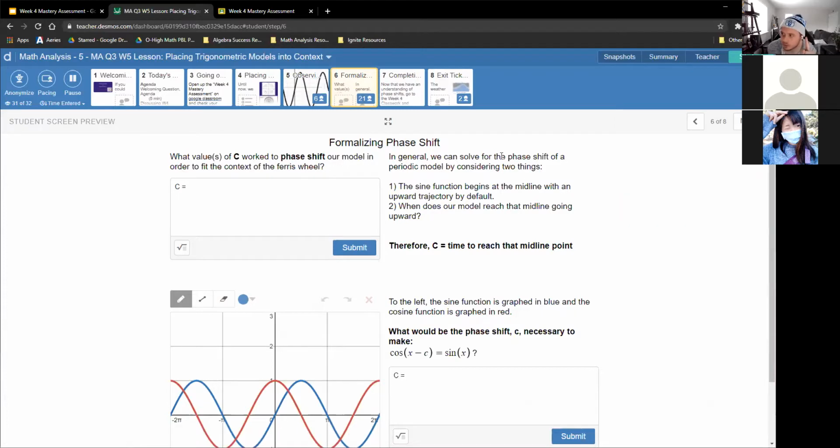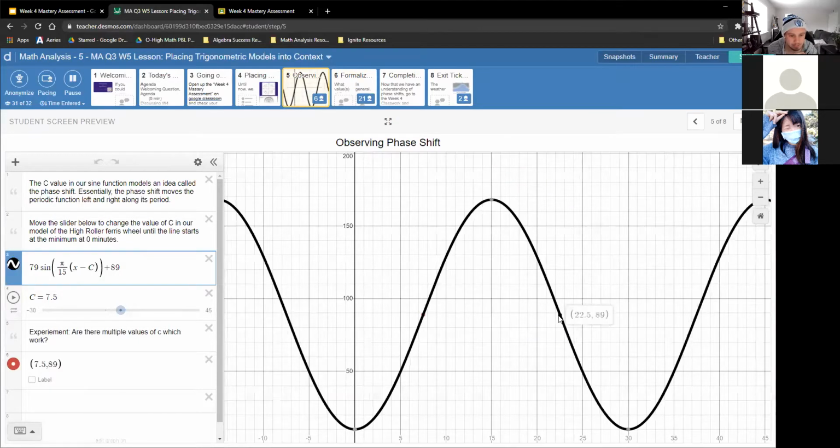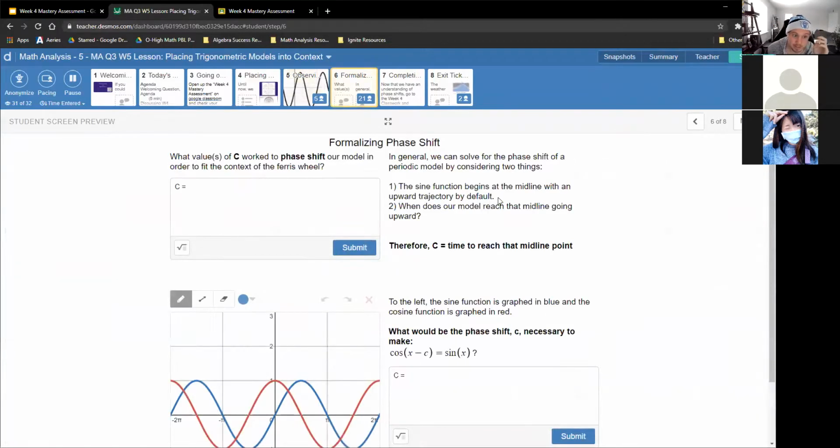I keep saying upward trajectory, guys, because I want y'all to realize that this value over here at 22.5 is at the midline also, but it's going downward. As I keep going, it's going downward. The sine function doesn't start there. That would be like a negative sine function because it'd be going down. It's going upward, right?